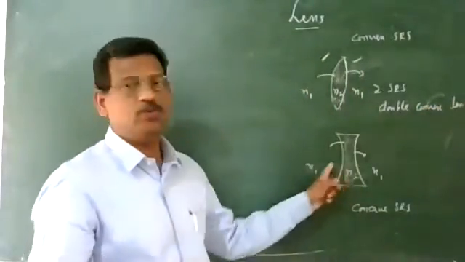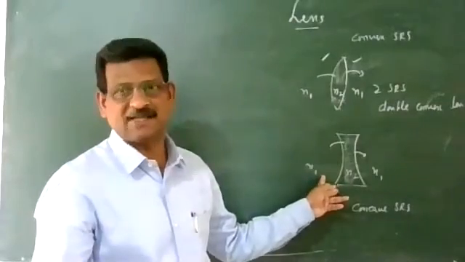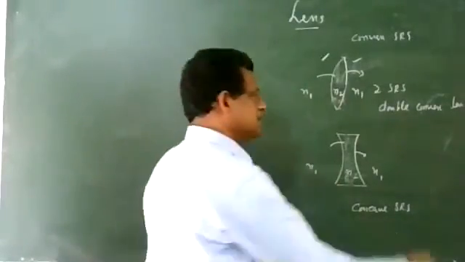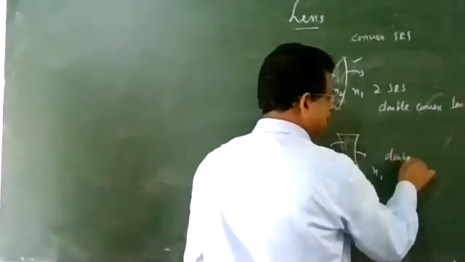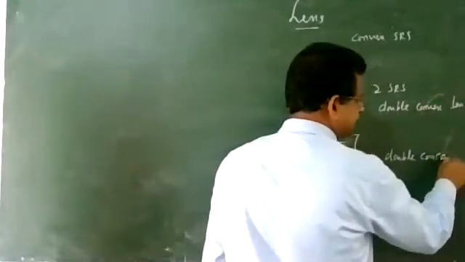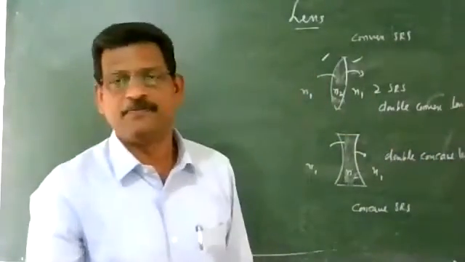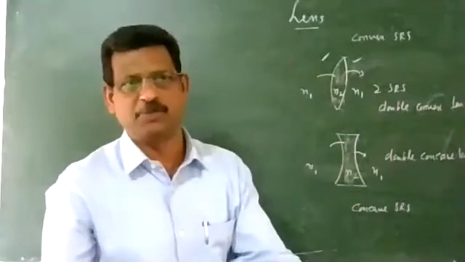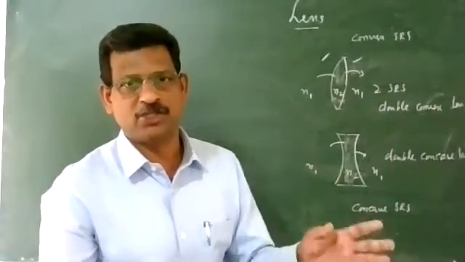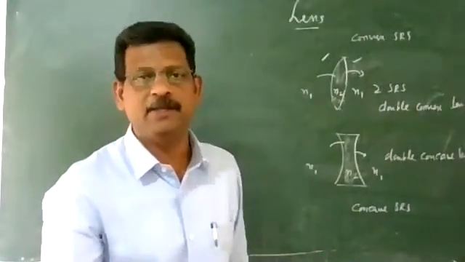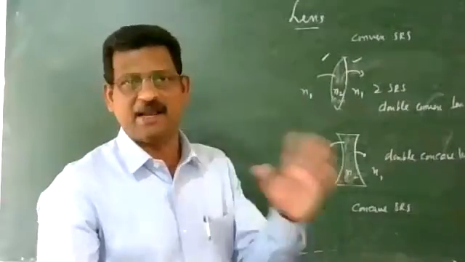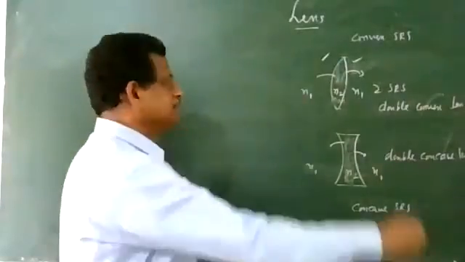Here also two concave SRS are there, so we call it a double concave lens. This is one option. Or the next option, at least one surface should be SRS, the other can be plane, that is also a lens.